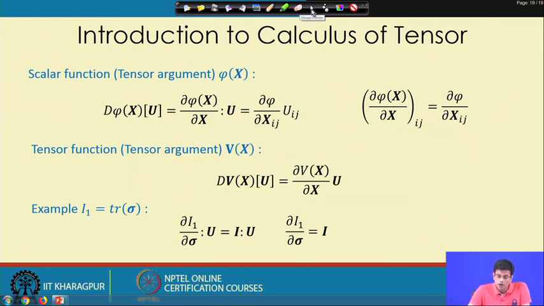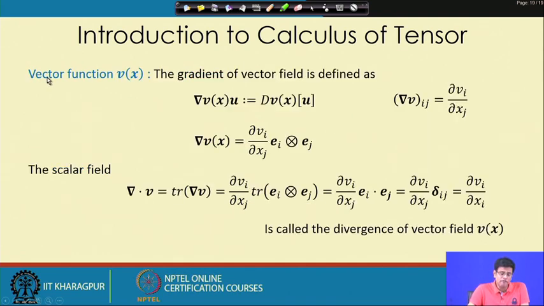Now another important thing is a vector function, the gradient of a vector field. Even though the inner product is defined, this quantity is not a scalar quantity. If I write the gradient of a vector field in component form, it will look like this. The definition of the gradient of a vector field is essentially equal to the directional derivative.